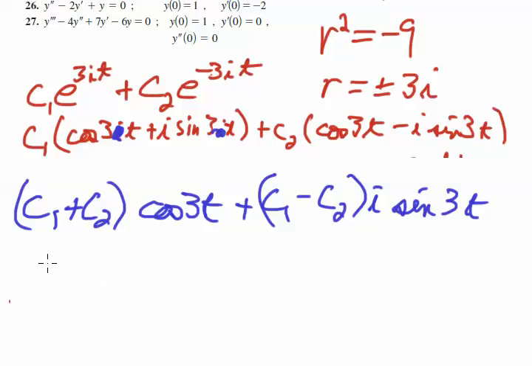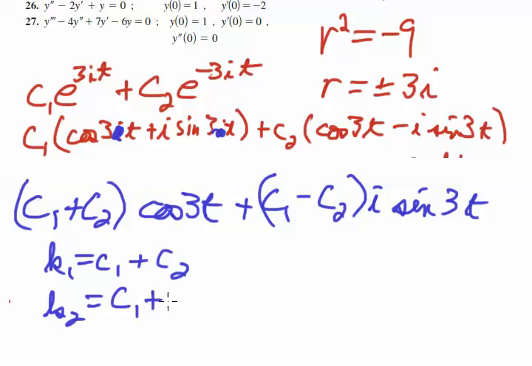So in any case, if I say k1 equals c1 plus c2, and k2 is equal to c1 minus c2 times i, then we would have a conversion between the c's and the k's that are represented as sine and cosine.